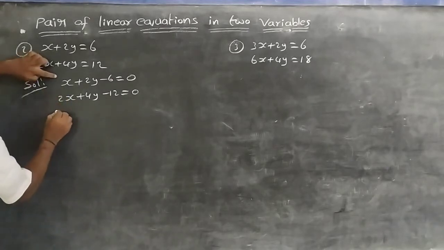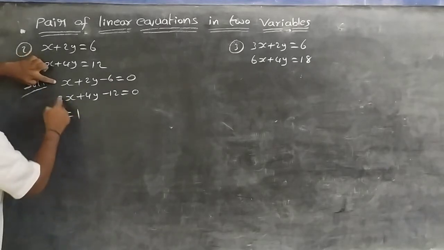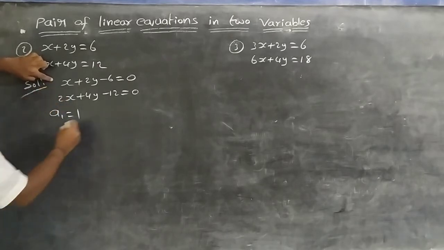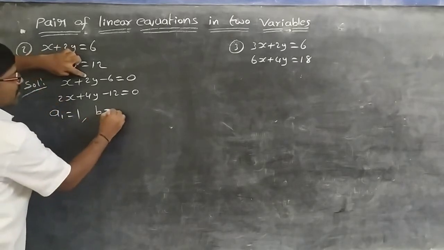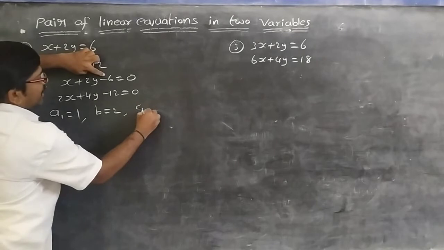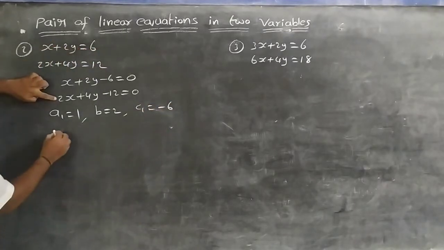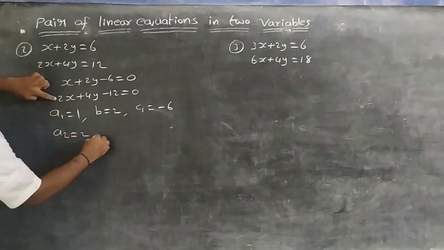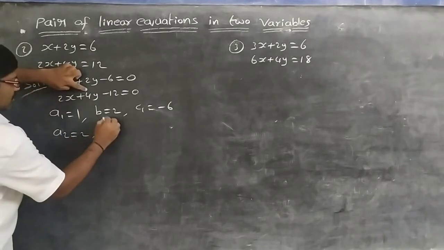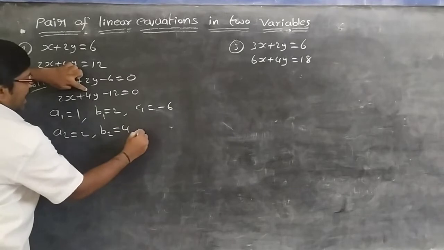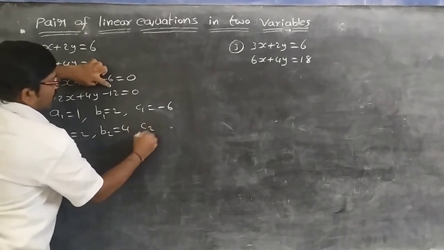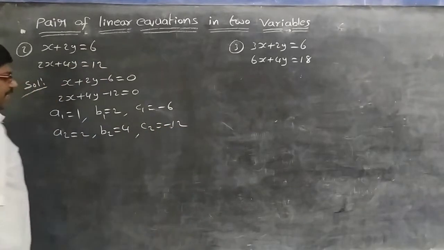So here a1 is 1, and b1 is 2, and c1 is minus 6, right? Next, here a2 is 2 and b2 is 4 and c2 is minus 12, right?